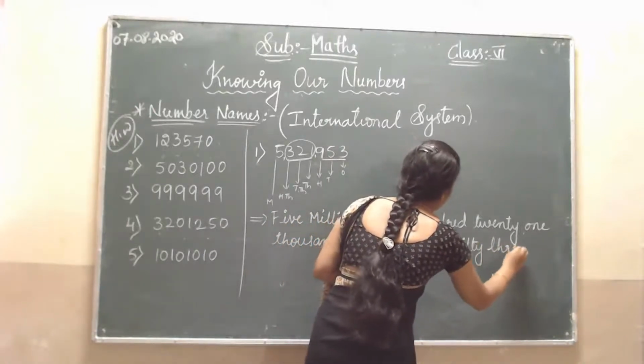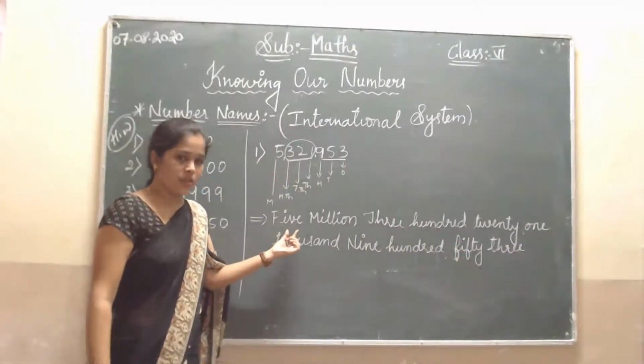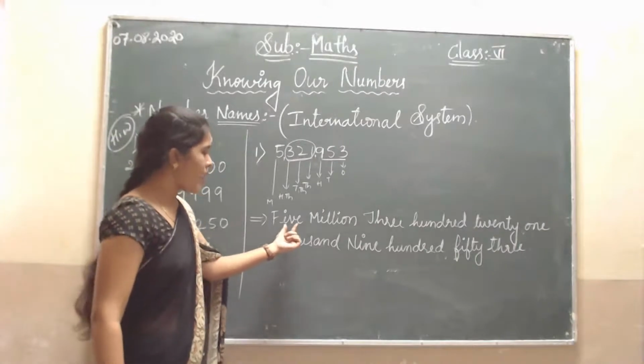See here, this is 5 million. You will write, okay, 5 million.